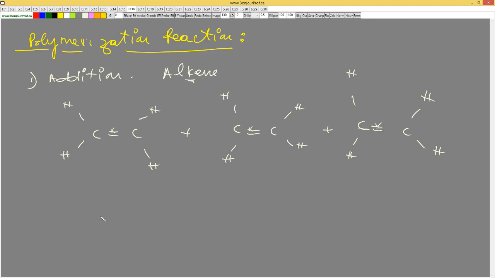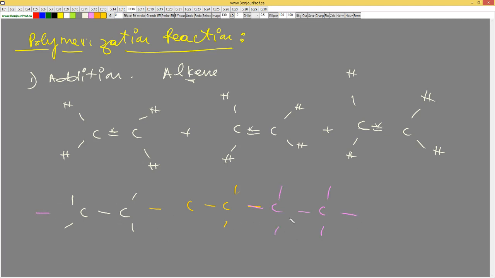So what we'll have here is this C with these H's, but this one is broken. So now it will be bound to this carbon here. And this one also is broken. I will have the H, and it will bind to the third one now. I'm going to put it in another color, and I have others here.